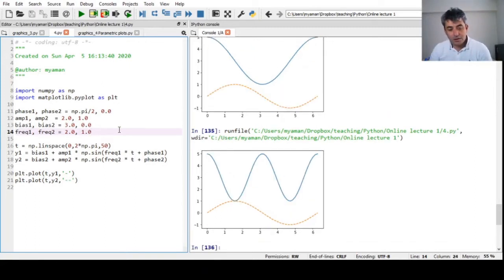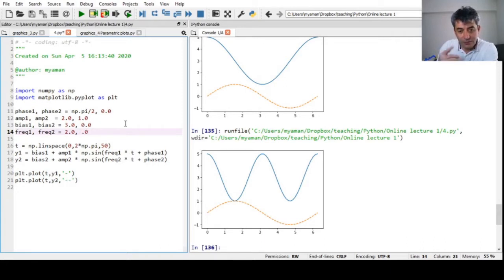When I run the small script, it shows that the first wave now has twice the frequency of the second one. In other words, in the same time period, when the second wave makes a full cycle from 0 up and down and back to 0, the first one makes 2 cycles, up and down, up and down. So this is the effect of frequency visualized.